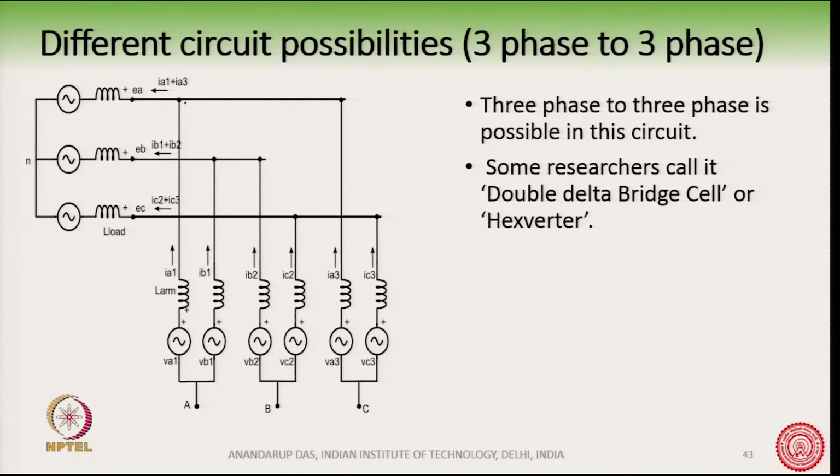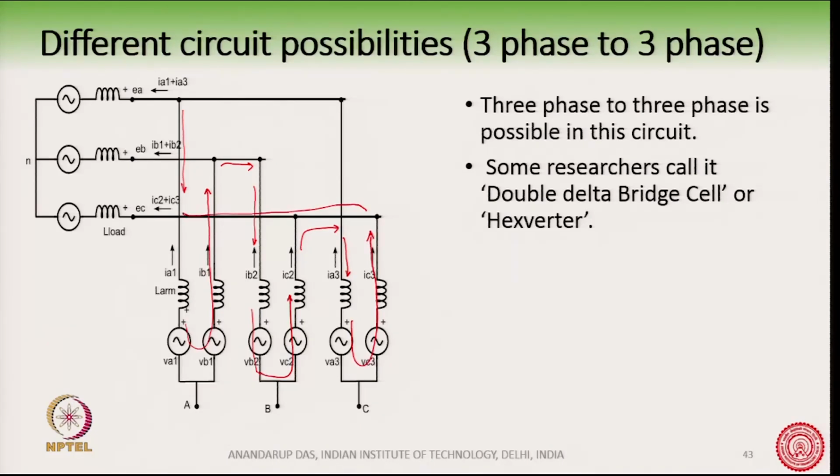but there is a path for the circulating current, because remember the circulating current must flow inside the converter to maintain the energy balance. So, the path of the circulating current is something like this, goes like this, goes like this, and then again goes back.